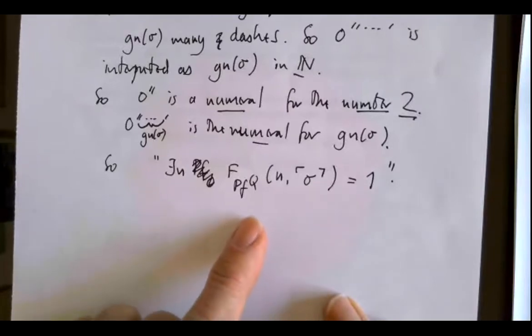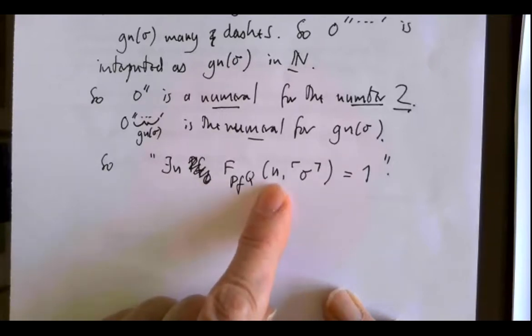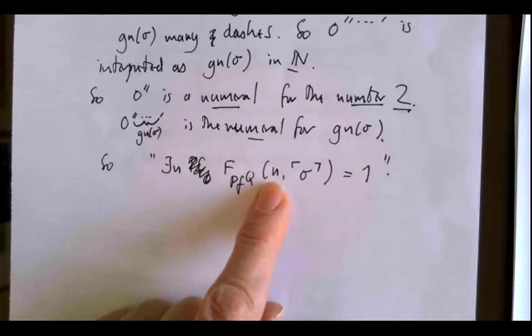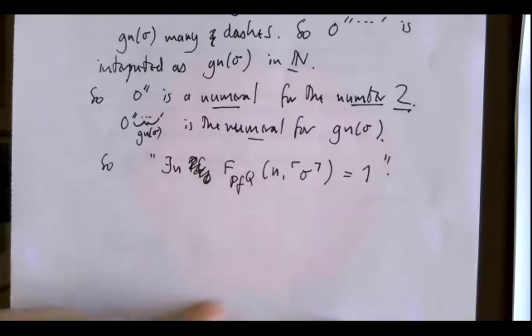To say that this is 1 is to say that this characteristic function, this n, is a prime power code of a genuine proof, and the last line, once coded, is the formula sigma.